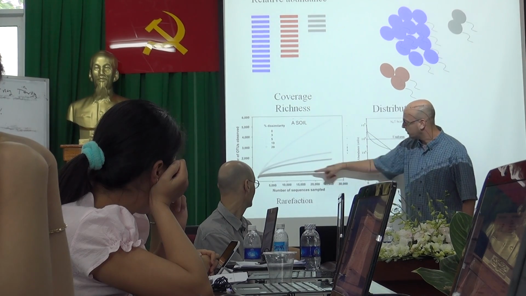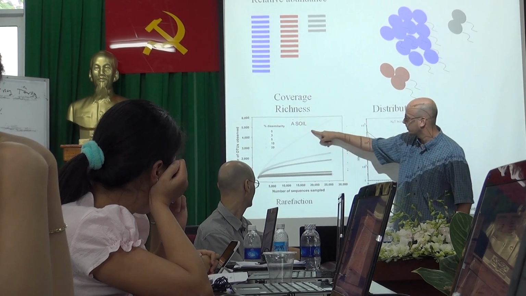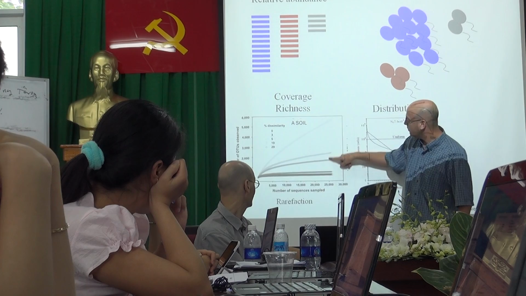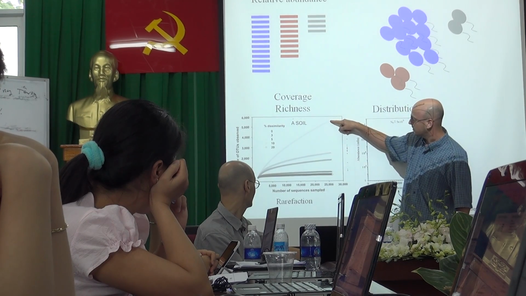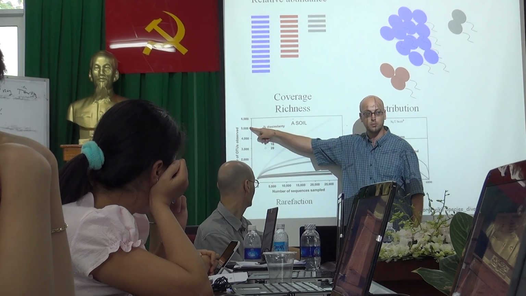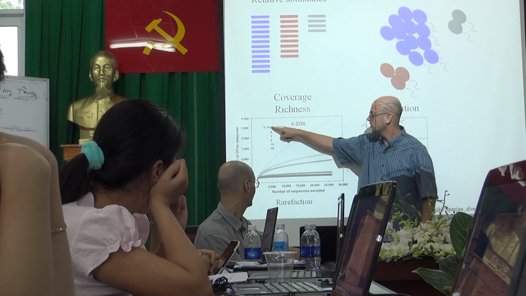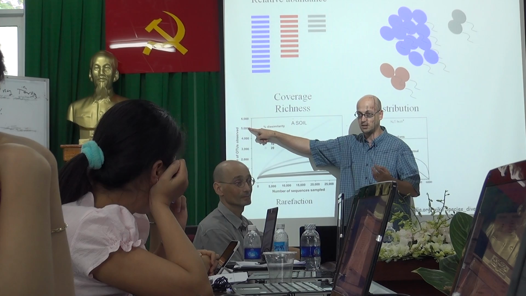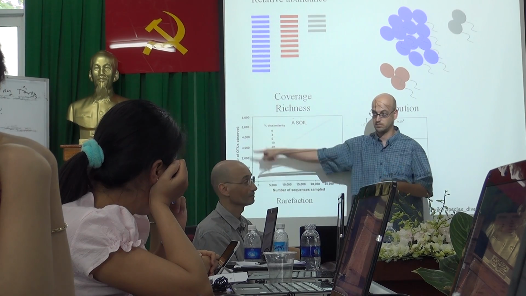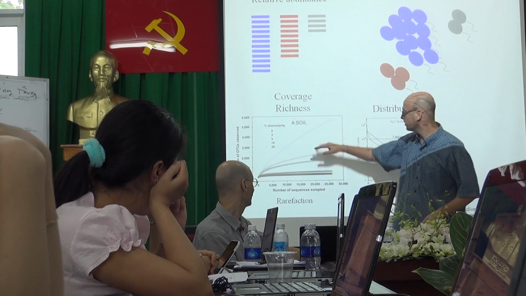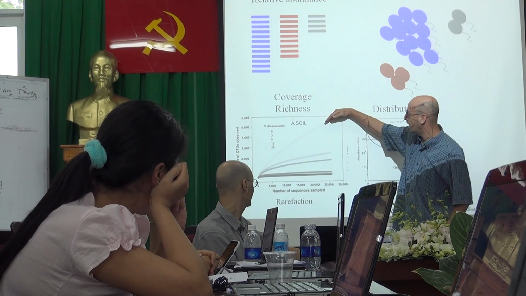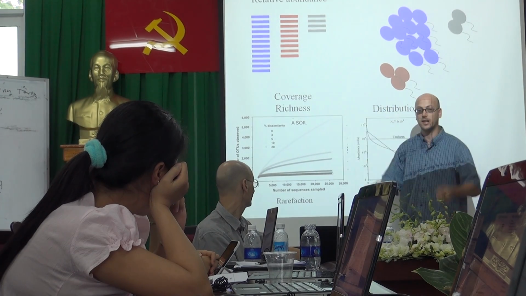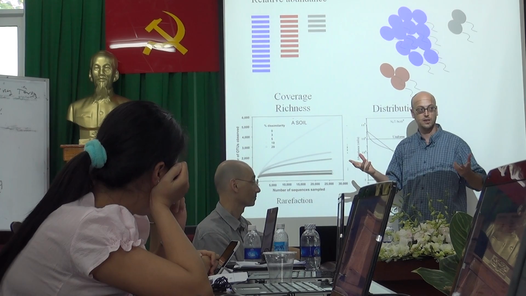If I have this line, and I have 25,000 sequences with 5,000 groups, is 5,000 groups the real diversity? No. If I try harder, spend more money, will I discover more groups?